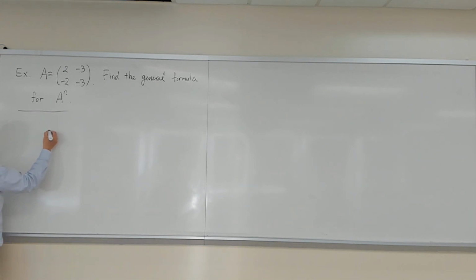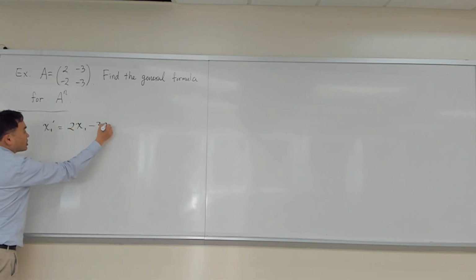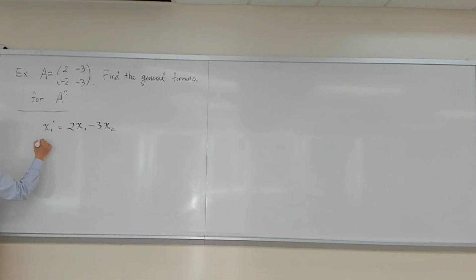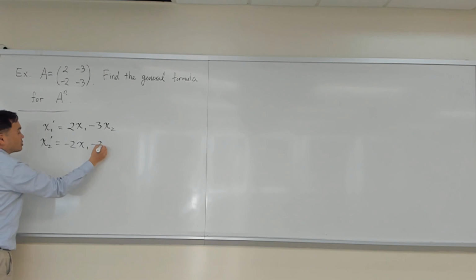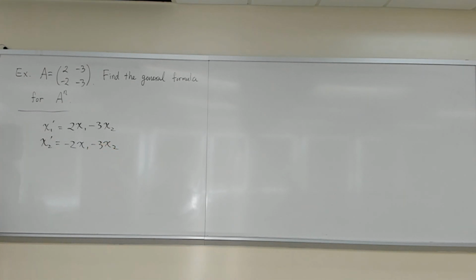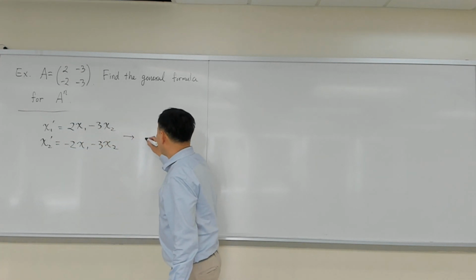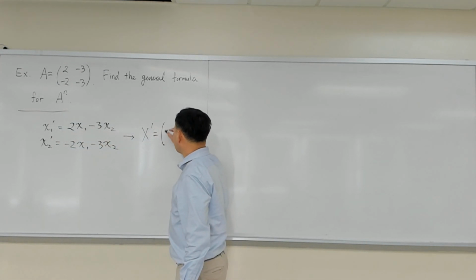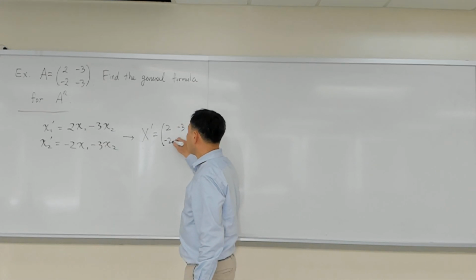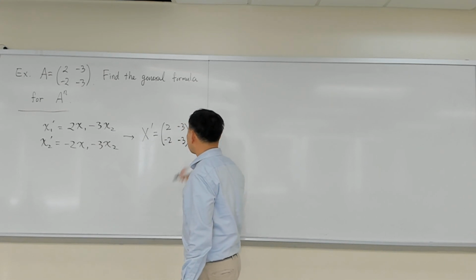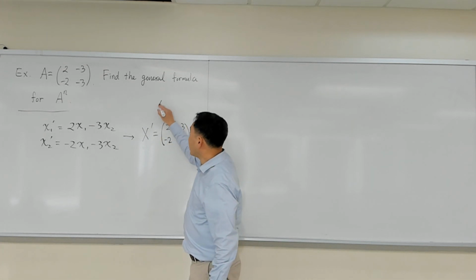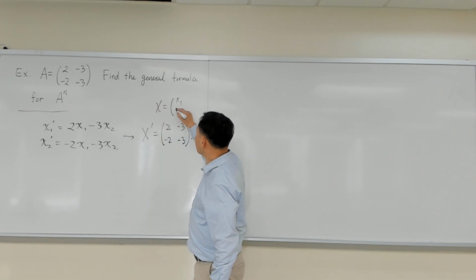If you had a system of equations like x1 prime equals 2x1 minus 3x2, and x2 prime equals negative 2x1 minus 3x2, then we rewrite this as x prime equals [2, -3; -2, -3] x, where by x I mean (x1, x2).